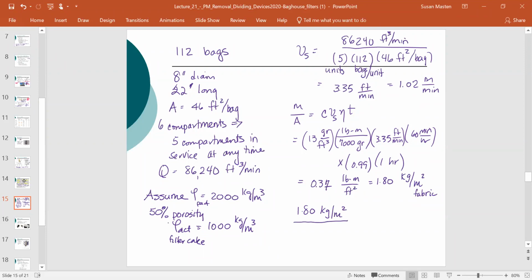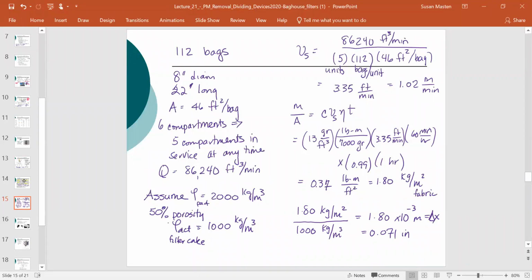If we divide this by the density, that is 1.80 times 10 to the minus 3 meters. What we just calculated here is the thickness, which is 0.071 inches.